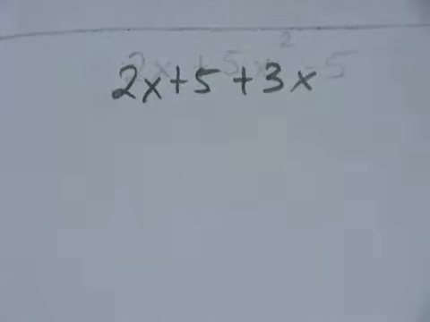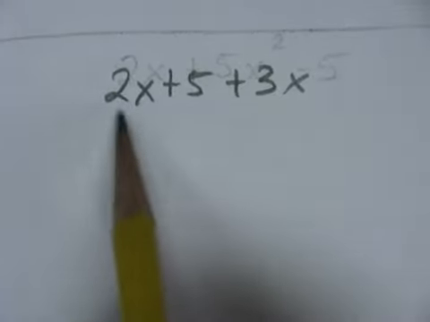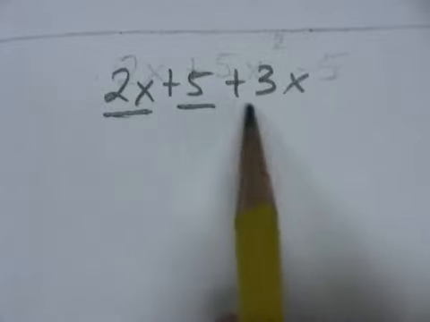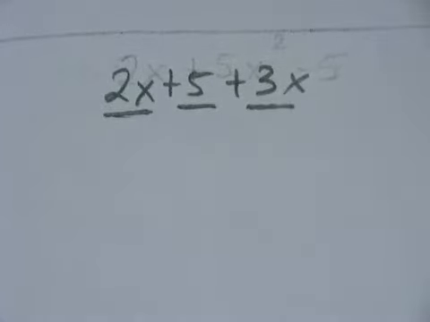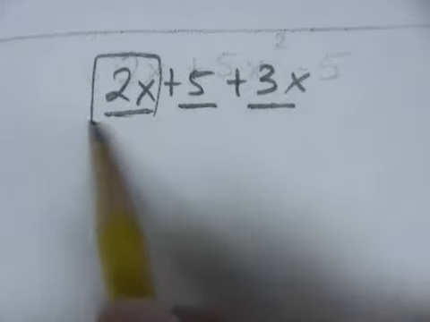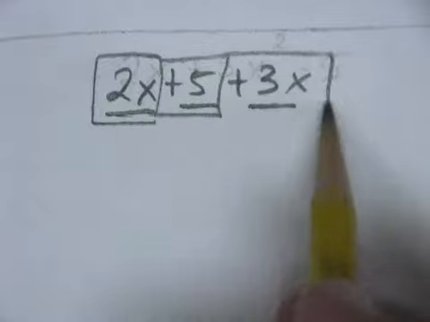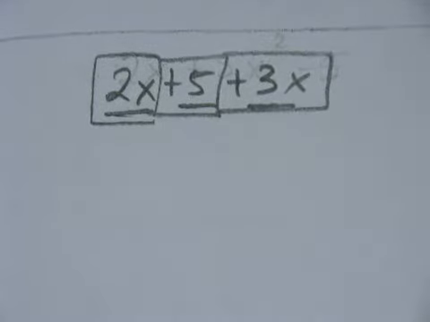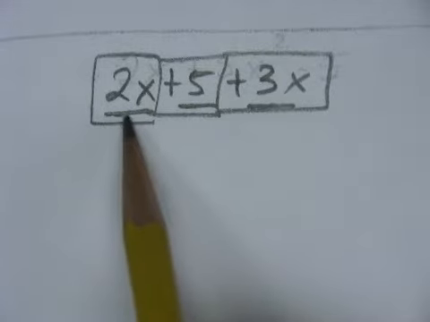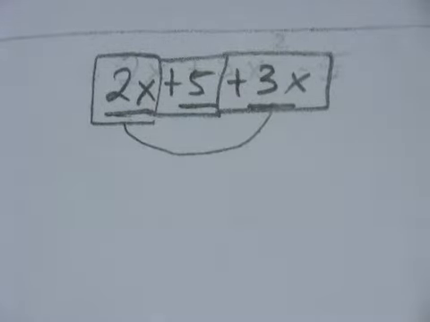Okay, let's go through these few examples. Here's the first one. We're going to combine like terms. So now that we know what coefficients are, we need to break this up into terms. Terms are always separated by plus signs and minus signs. So this is our first term, this is our second term, and there's our third term. We have 3 terms. The rule goes like this: we may combine any terms that have the same variable, and the variable has to have the same exponent.